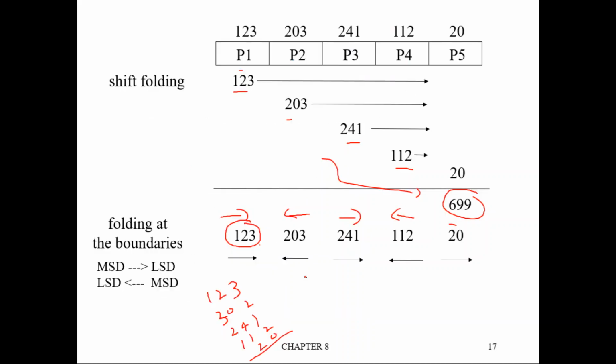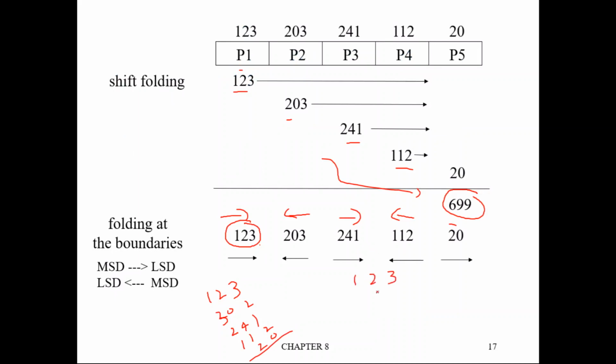One minute. So 123 plus 302 plus 241 plus 11 plus 20. Yes, the sum is 897. I think somewhere we are making a mistake.